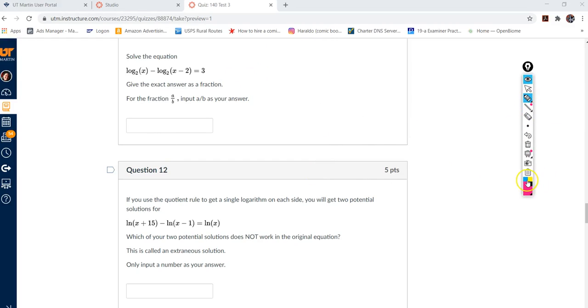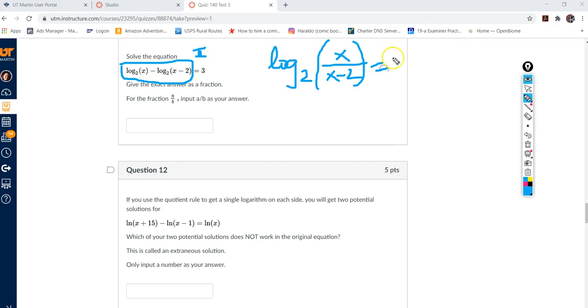Okay. And I'm going to put these together using rule number 2. So I'm going to have logarithm of base 2, and what goes in the top is x, and what goes in the bottom is x minus 2. And that will equal 3.